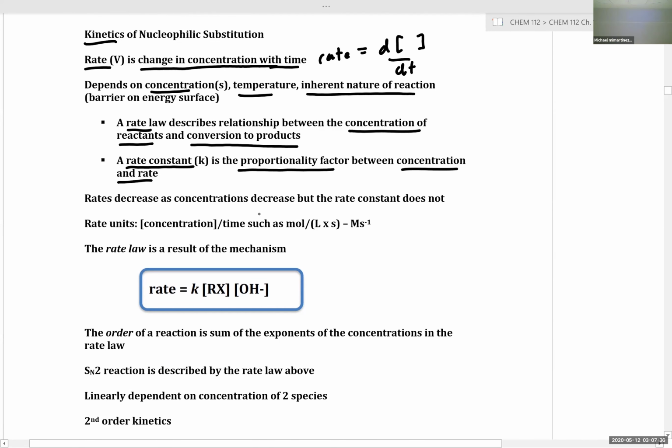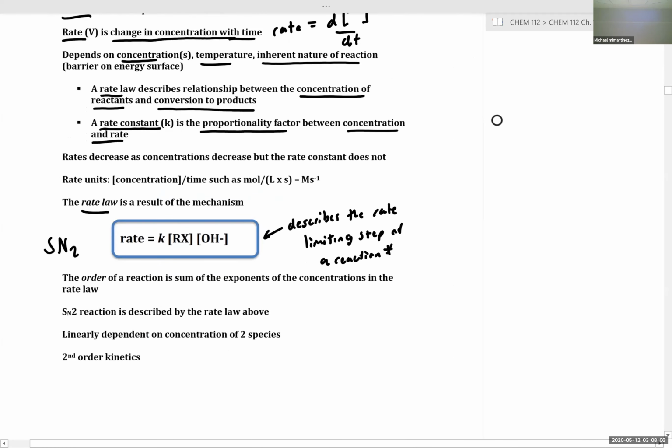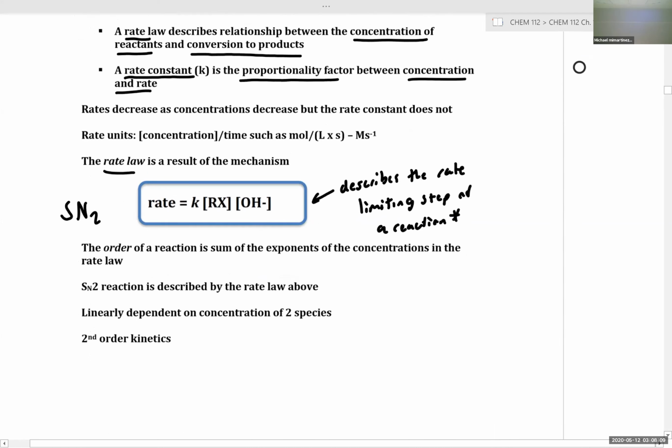Now, the rate law is a result of the chemical mechanism, and the rate law describes the rate limiting step of a reaction in most cases. So we see that the rate law for an SN2 reaction is dependent on the concentration of our halide and our nucleophile.